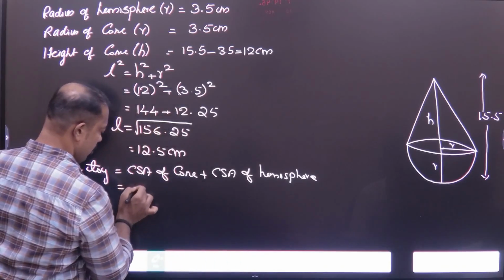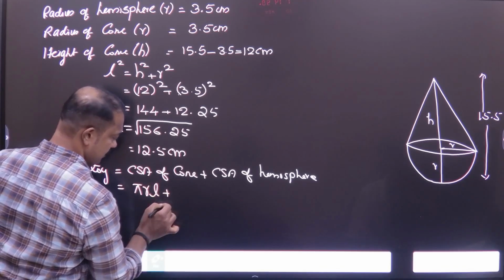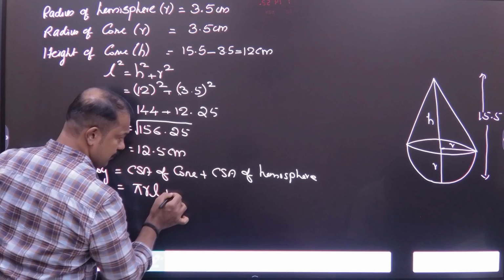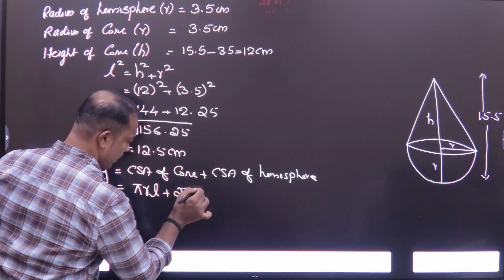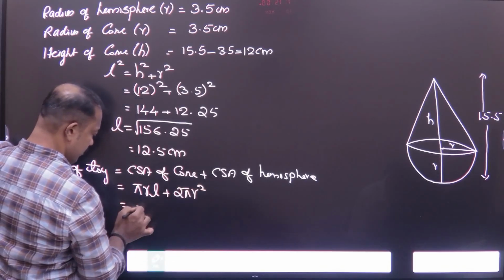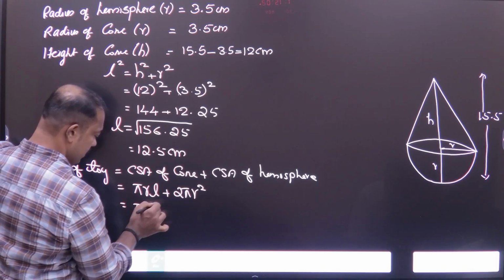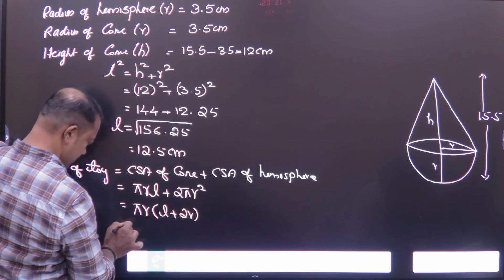What is CSA of cone? Plus CSA of hemisphere, 2 pi r square. What do we do in the next step? Common. What is common? Pi r common. Inside, l plus 2r.